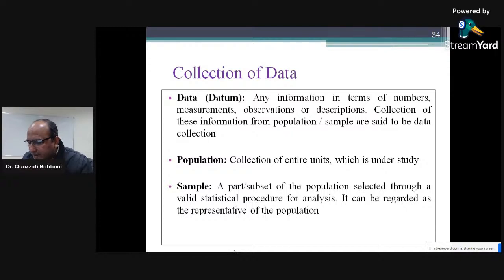If I say an example, 6, is 6 data? 6 is not data, because 6 doesn't give complete information. If we say 6 kg, that is data, meaning it is something whose weight is 6 kg.